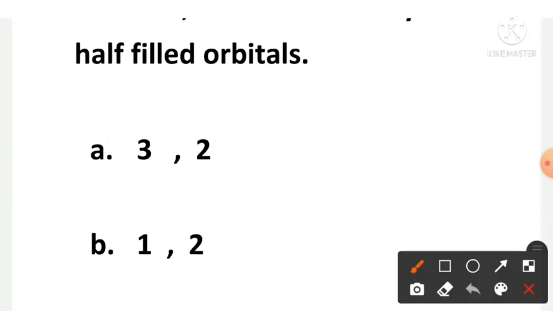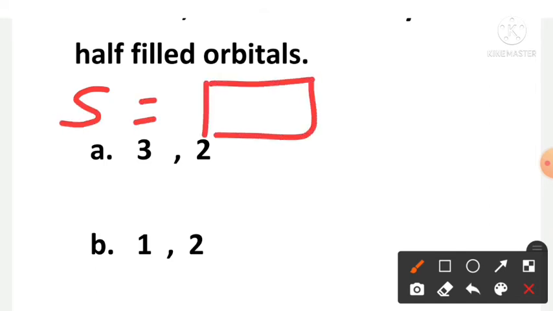If the outer shell comprises s orbital, we know that s has one orbital and it contains 2 electrons, and if p orbital is available, then we know that p has 3 orbitals.